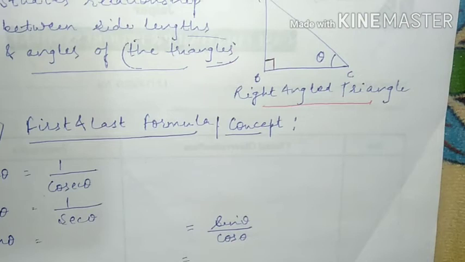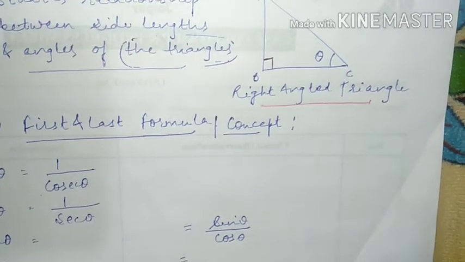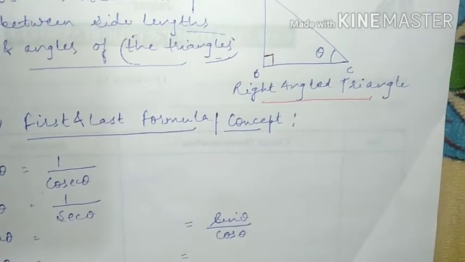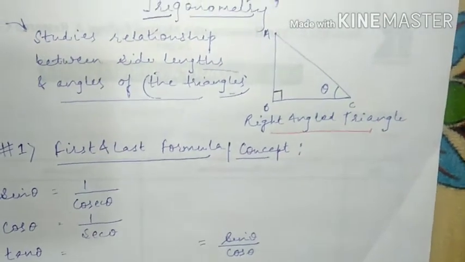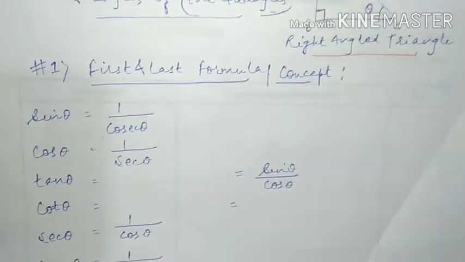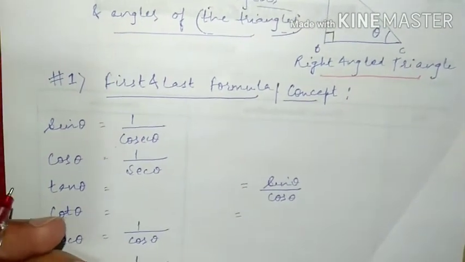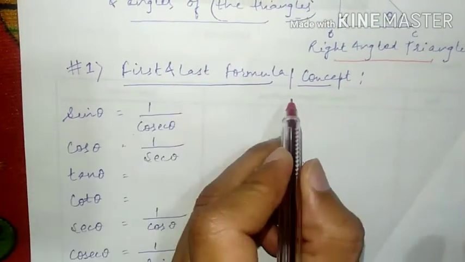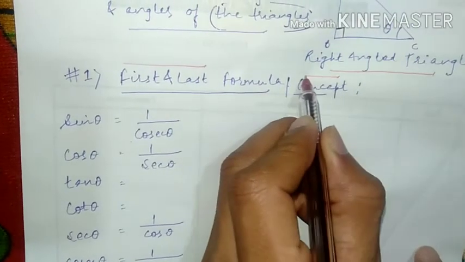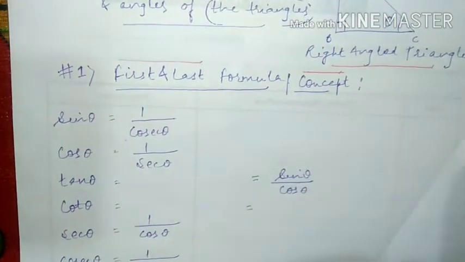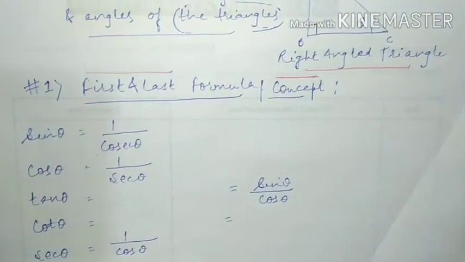We will try to learn the making of those formulas, right? So first, using a few concepts. One of the concepts is this one, you can see on the screen as well, that is the first and last concept. This one, first and last concept, right? Now how does it work?